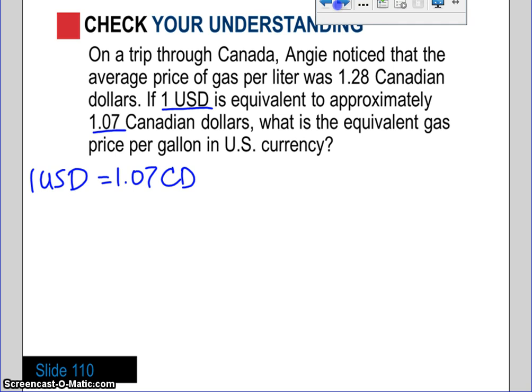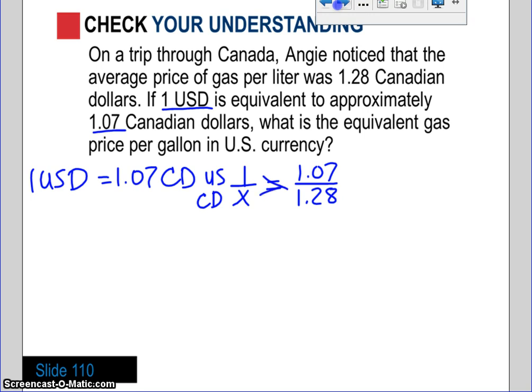So when we build this, we can build it as a proportion. We're looking to find out what the equivalent is in US currency. So we know 1 US dollar equals what in Canadian. If we do this as US dollars over Canadian dollars, we get 1 over X equals... actually, I apologize, it's going to be 1.07 over the 1.28.